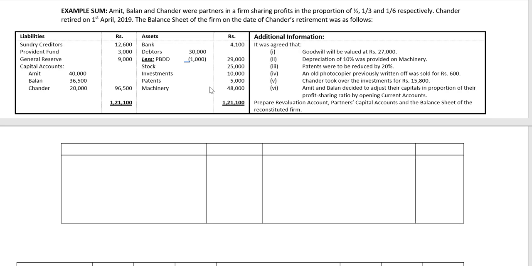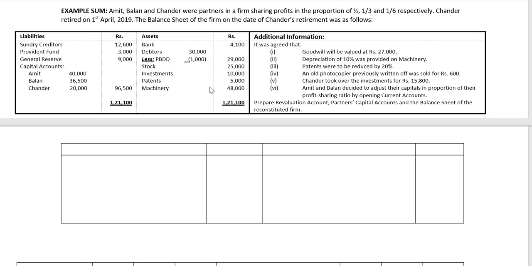It was agreed that the first point, goodwill will be valued at rupees 27,000. Second point, depreciation of 10% was provided on machinery. Third point, patents were to be reduced by 20%. Fourth point, an old photocopier previously written off was sold for rupees 600.